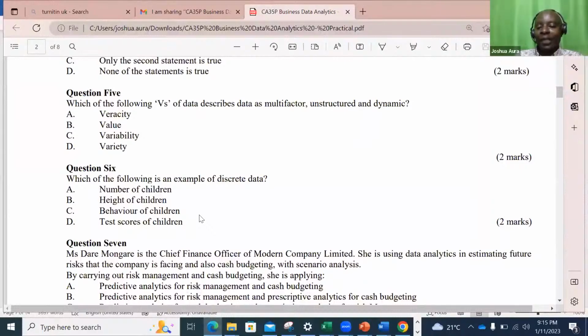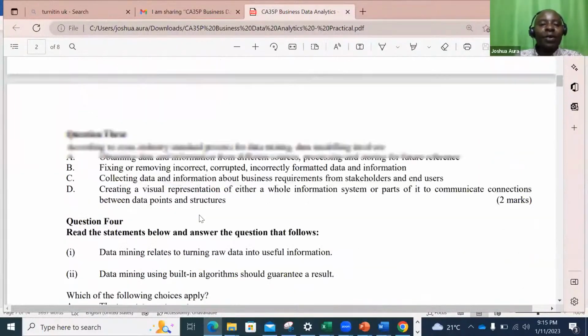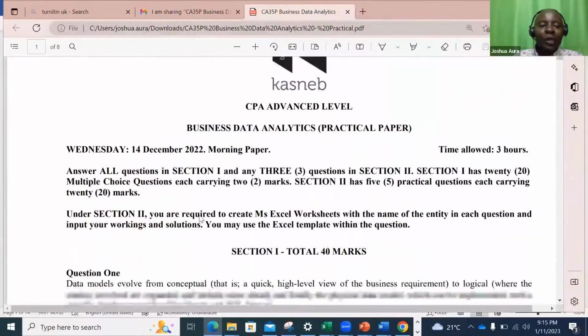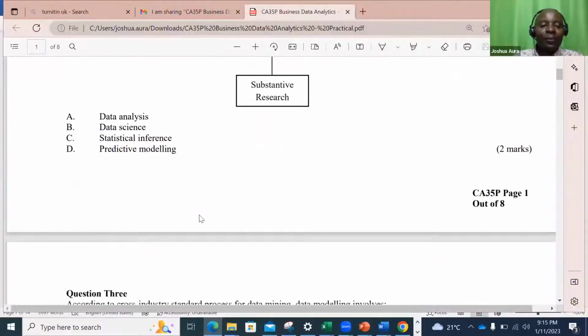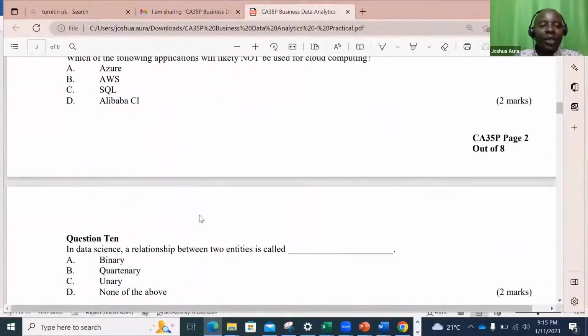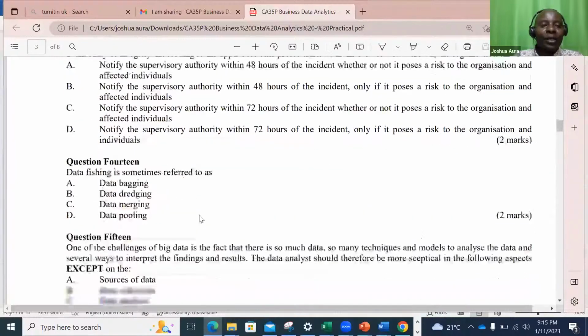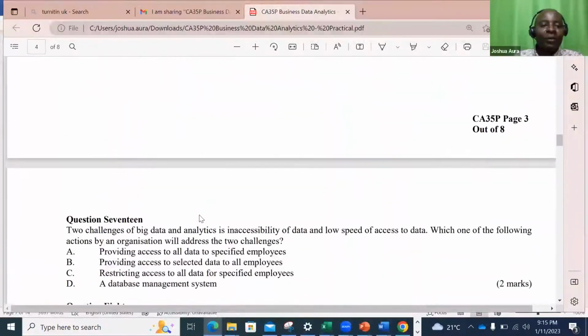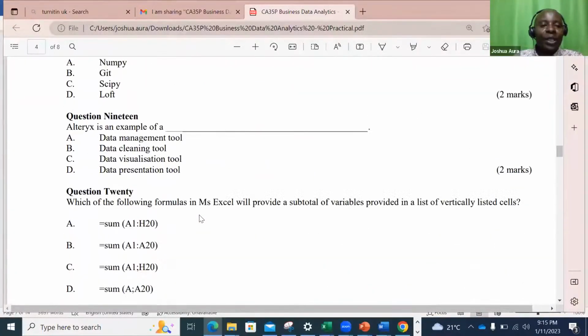Like now, this is last semester's paper. So it has got two sections. We have the theory section, which has got 20.